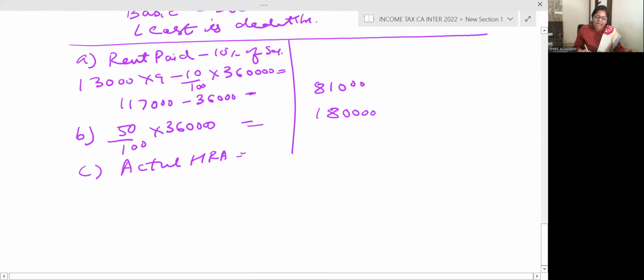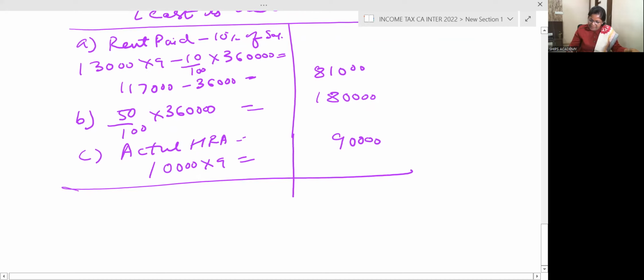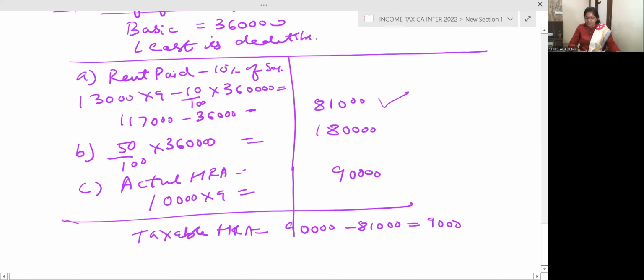How much HRA is he getting per month? House rent allowance he is getting 10,000 into 9, 90,000. 10,000 into 9, 90,000. Least is deductible. Which one is least? 81. So taxable HRA. Taxable HRA is 90,000 minus 81,000. That is 9,000. Write down, dear students.